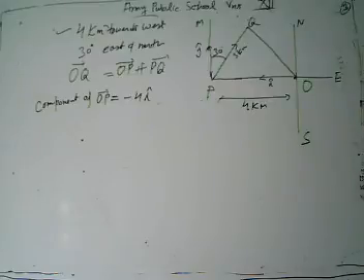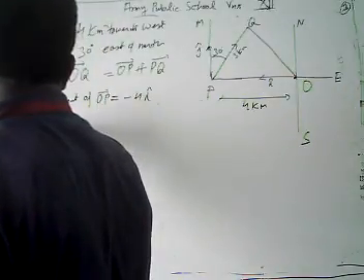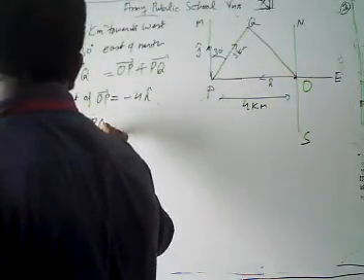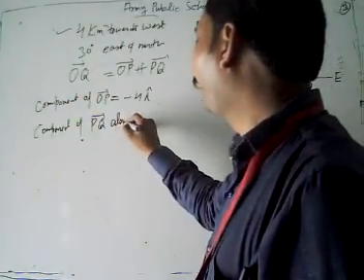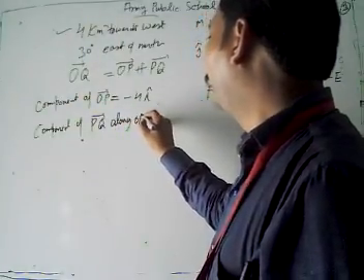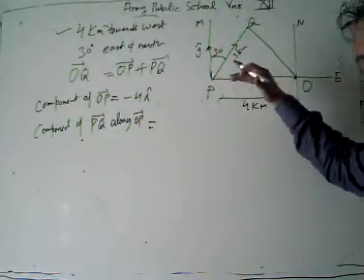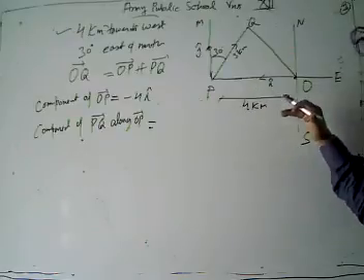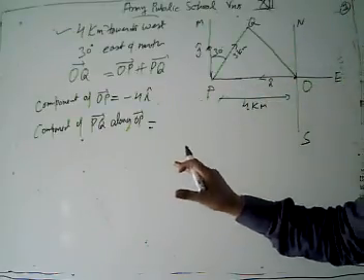Here we have the component of PQ along OP. When we find the component of PQ along OP, it is of the form r cos alpha.